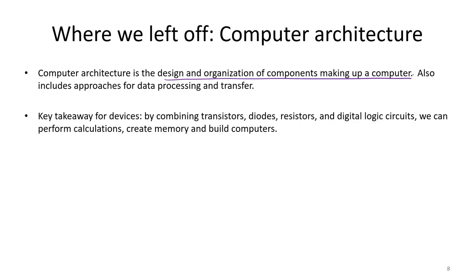And so our key takeaway from last time was that by combining transistors, diodes, resistors, and digital logic circuits, we can actually create circuits that are able to do calculations, create memory, and even build computers. So in this video, let's take a closer look at how we would actually do this and what these building blocks are.